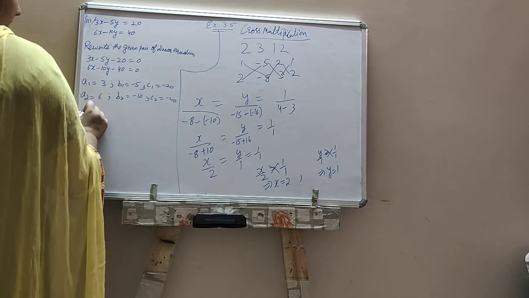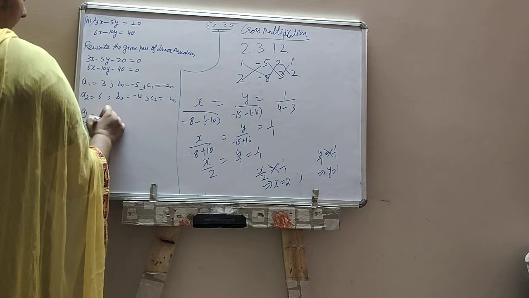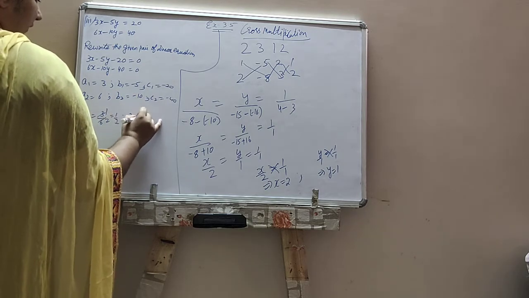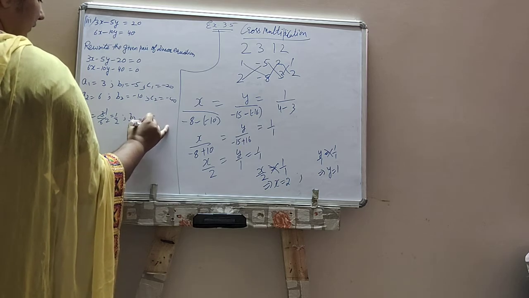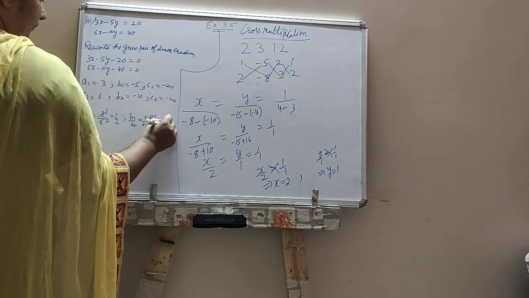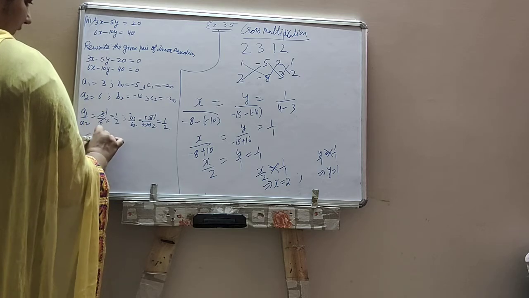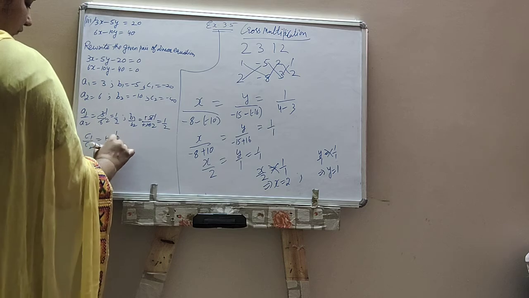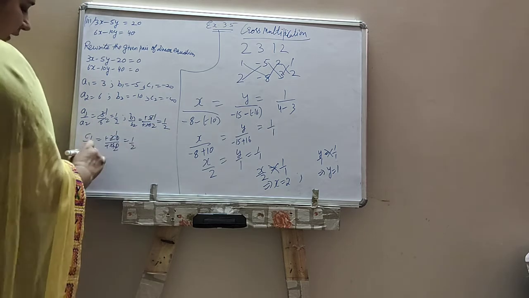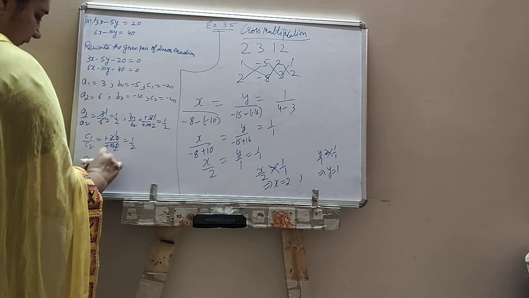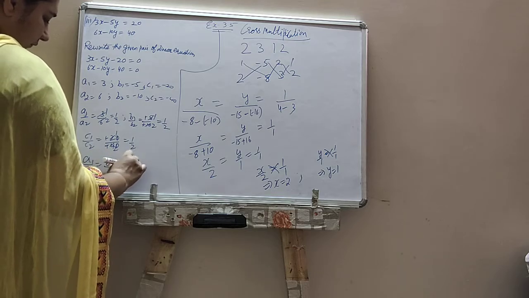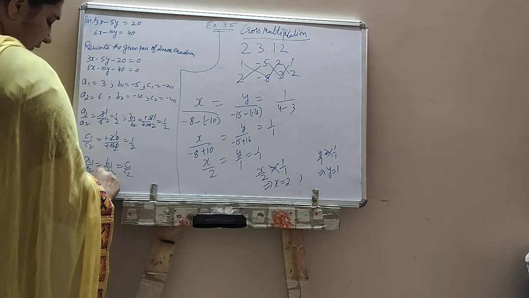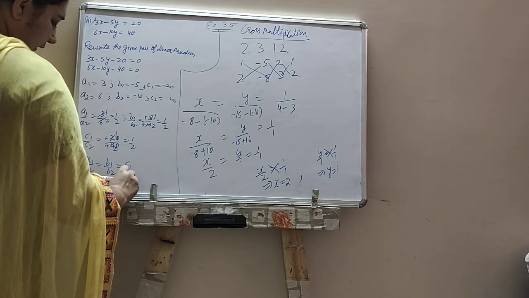a1 by a2, 3 by 6, 1 by 2. b1 by b2, minus 5 by minus 10. c1 by c2. So all are equal, infinite many solutions.